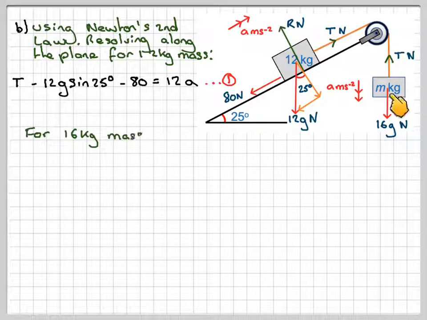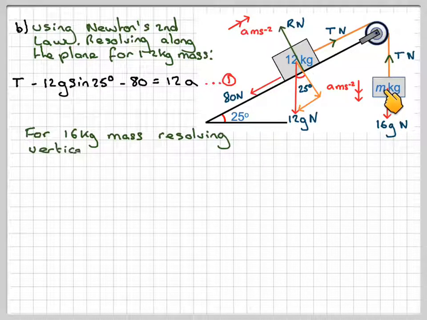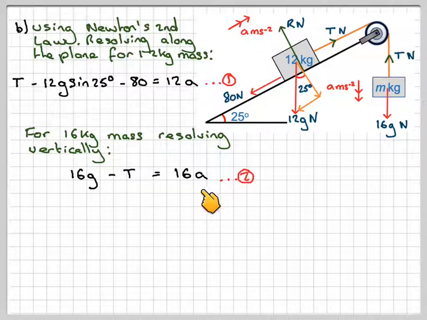Now for the 16 kilogram mass, so m is now 16, resolving vertically, and we're taking downwards as positive, we're going to have 16g minus T is equal to 16a. We've got equation 1, equation 2. Now the procedure is to add the two equations. So if we add the two equations, the T minus T's will cancel out.